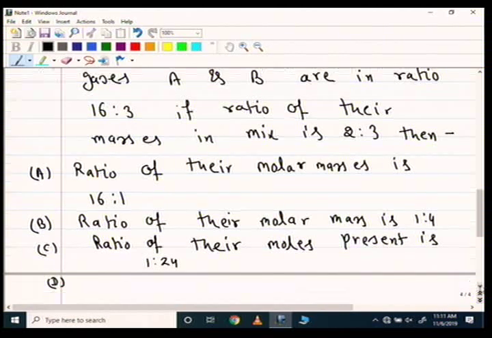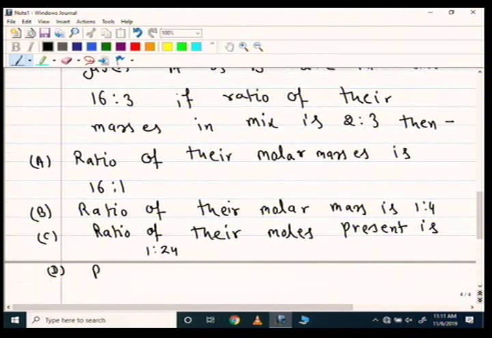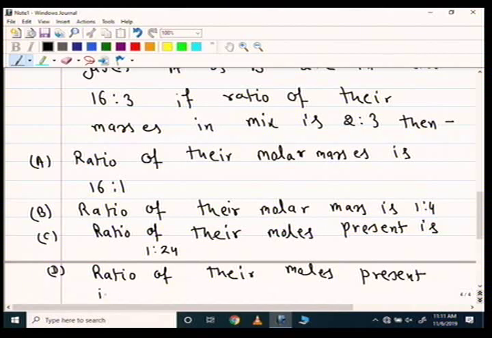Option D, ratio of their moles present is 8:3. Attempt this question.